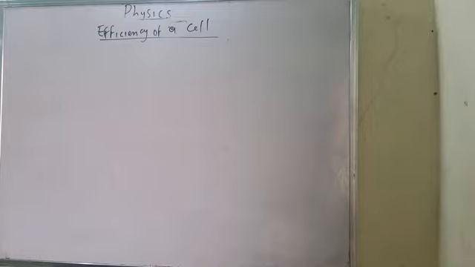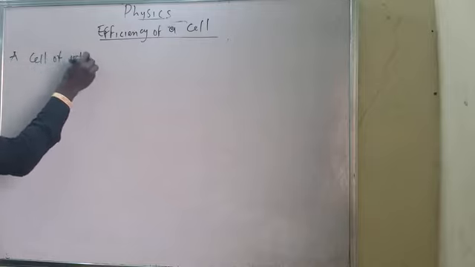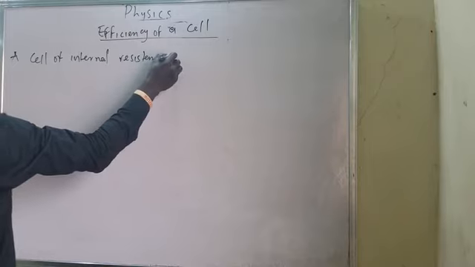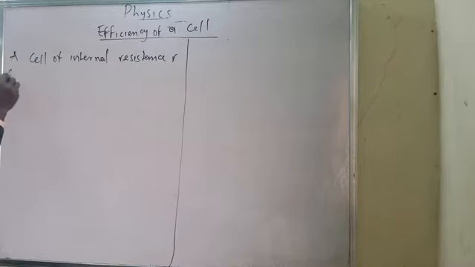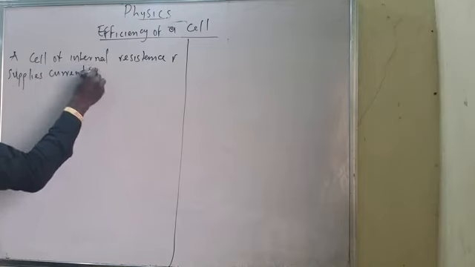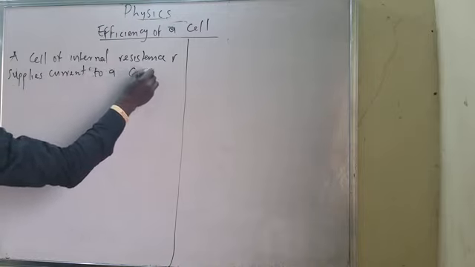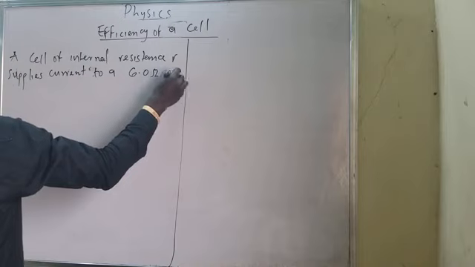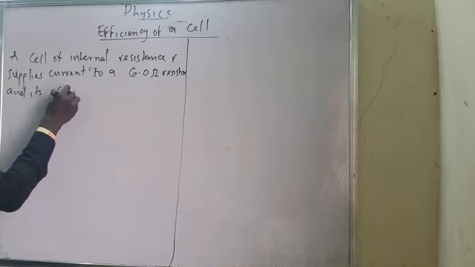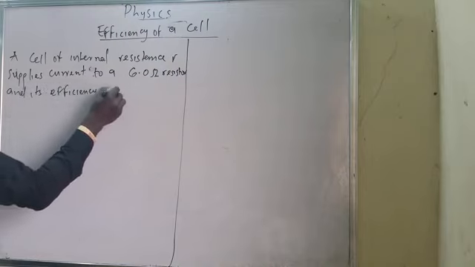Okay, now let me have this question. A cell of internal resistance, which we all know as small r, supplies current to a 6.0 ohms resistor, and its efficiency is 75%.